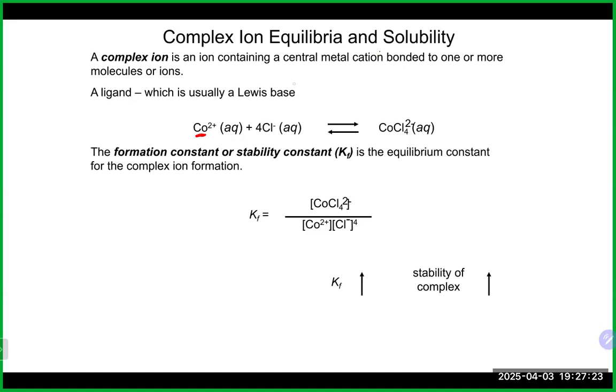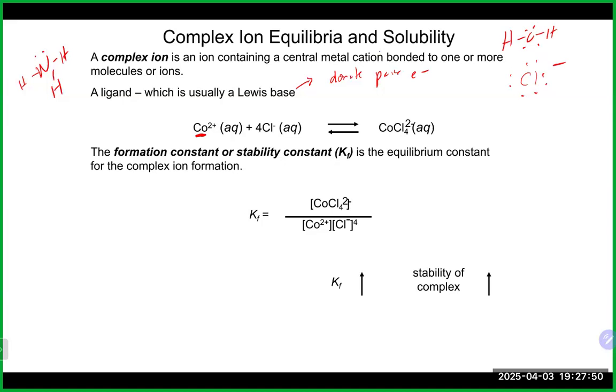A ligand is a Lewis base, which you remember is something that will donate a pair of electrons. So a Lewis base is something that donates a pair of electrons. Like chloride, these are things that are negatively charged, which means they have electrons to donate. Water is also a very good Lewis base. So is our friend ammonia as well.